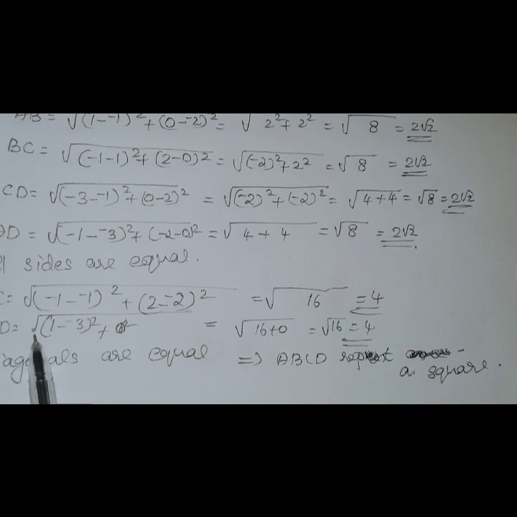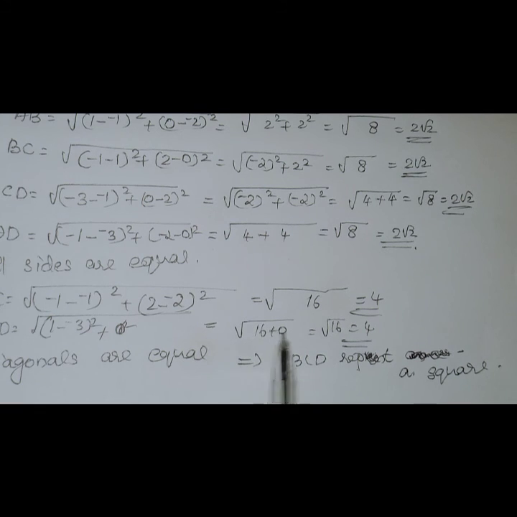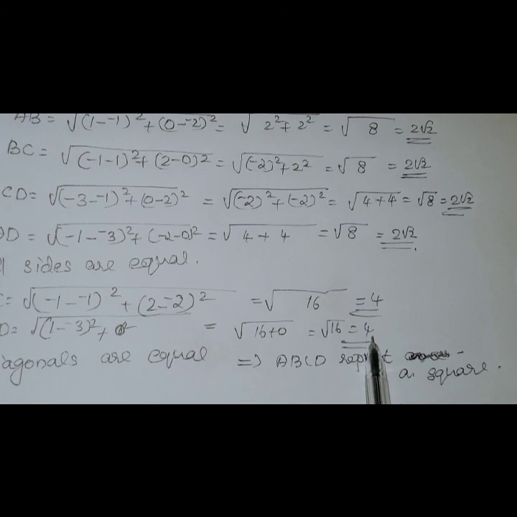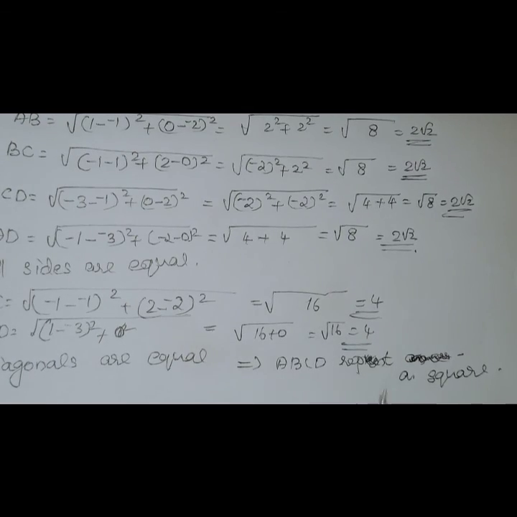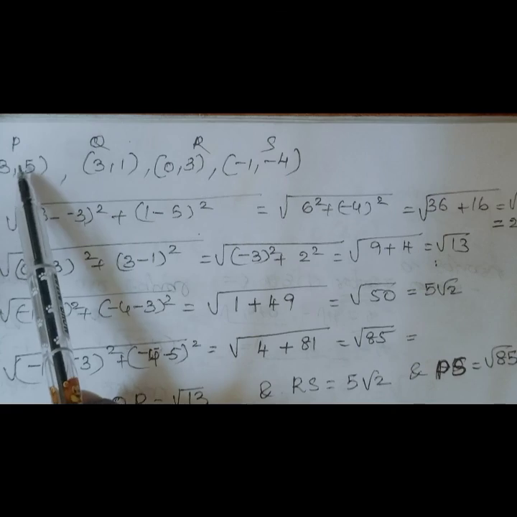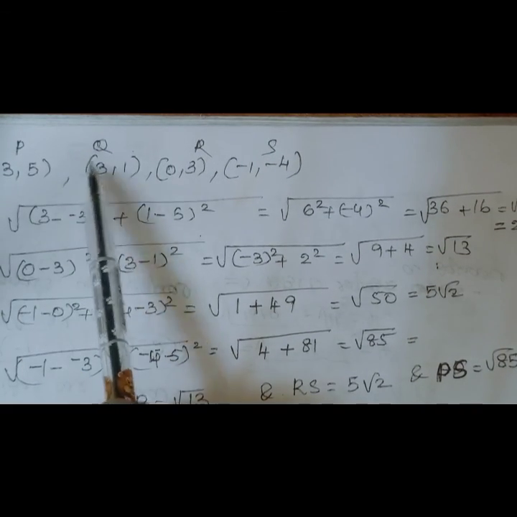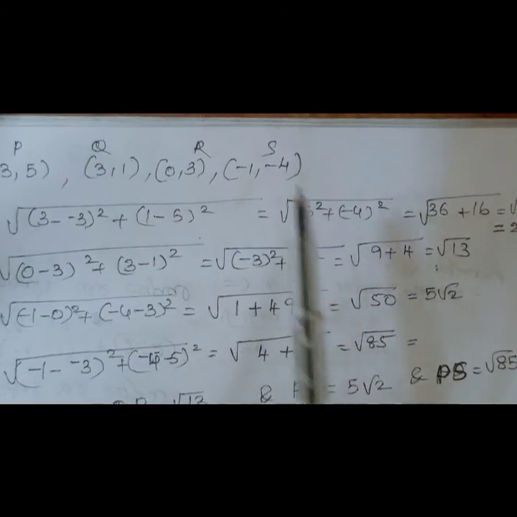Then BD is the root of (1 minus negative 3) whole square plus 0 square, which is root 16, equal to 4. That means this quadrilateral forms a square.